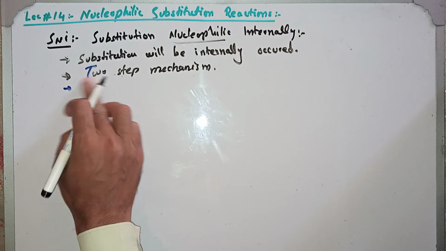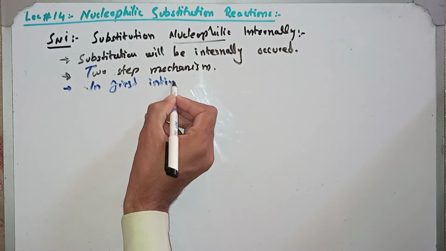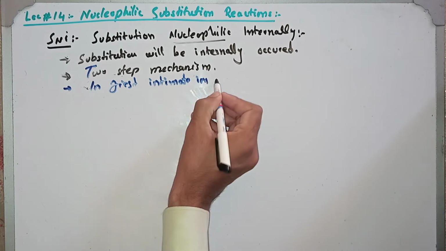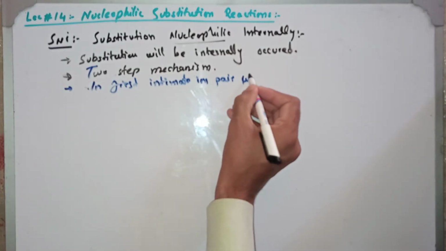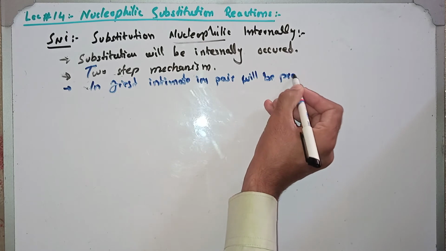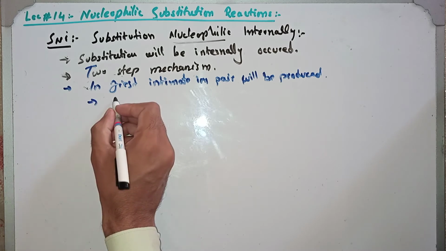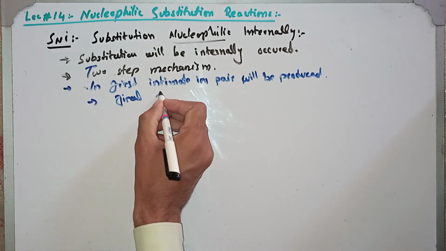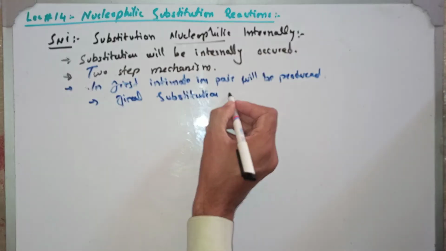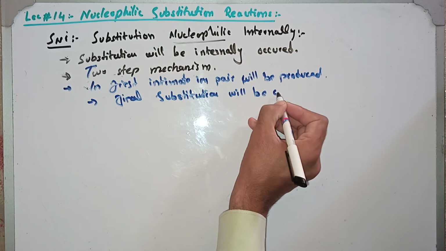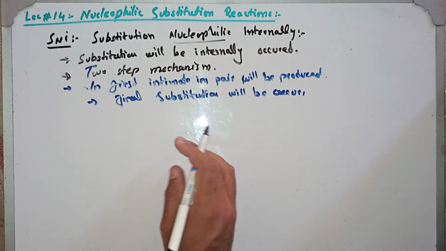In the second step, the final product will be produced, the final substitution will occur. I will clarify the point about the intimate ion pair later.